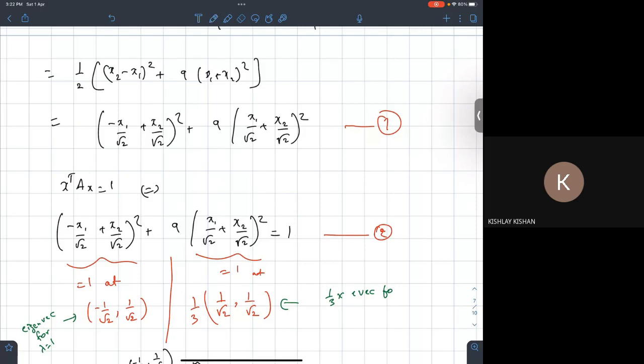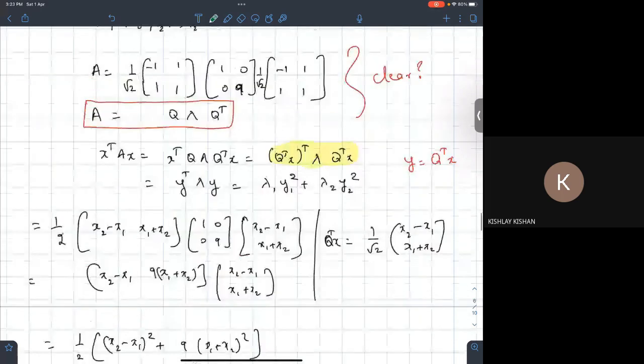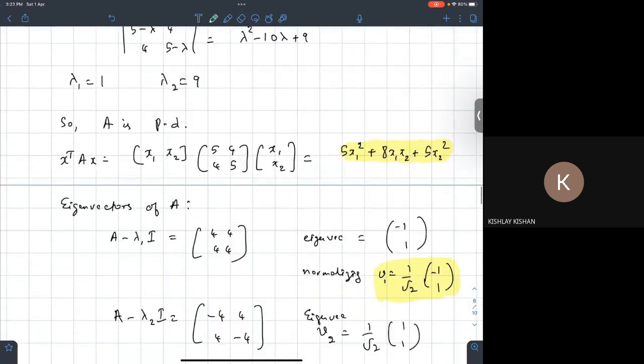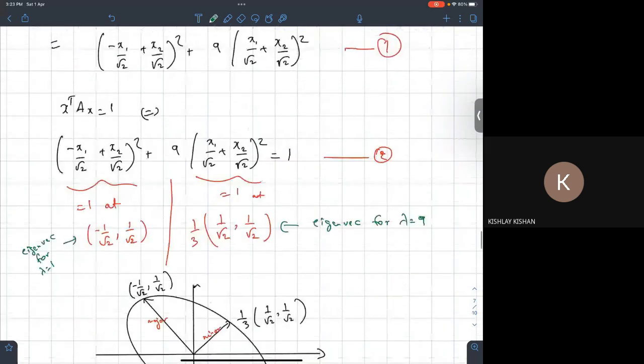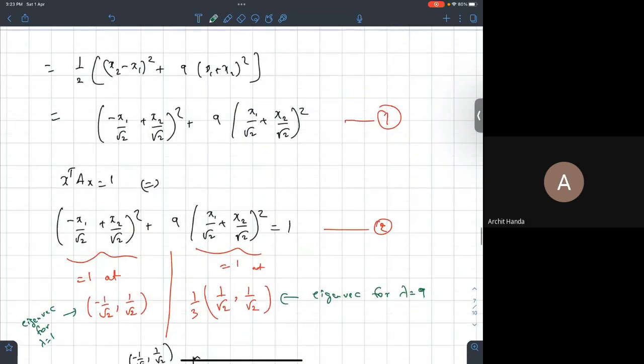I mean, this is also an eigenvector, but it's just scaled. Nine, is it? You got 9 only, no? Yeah, 9 only. Correct. But the important thing to notice is there is a scaling of 1 by 3.